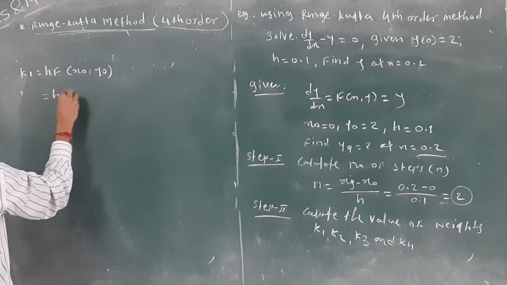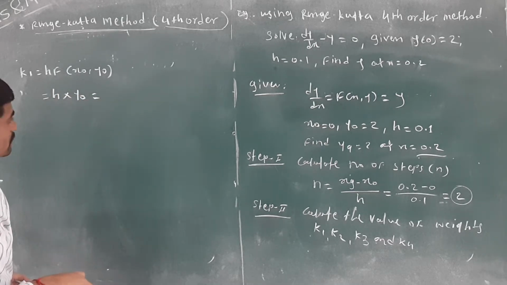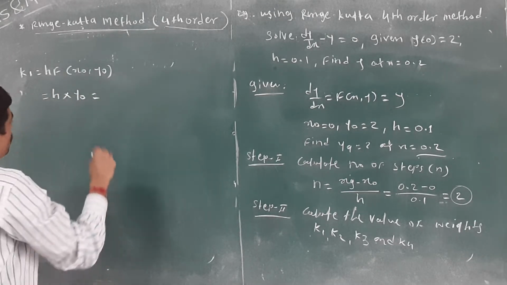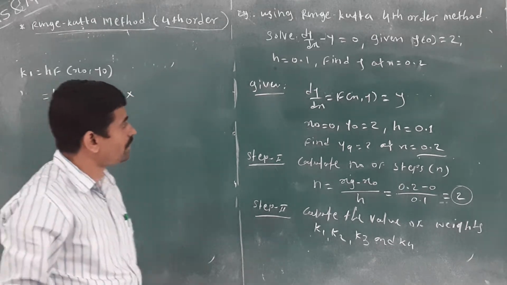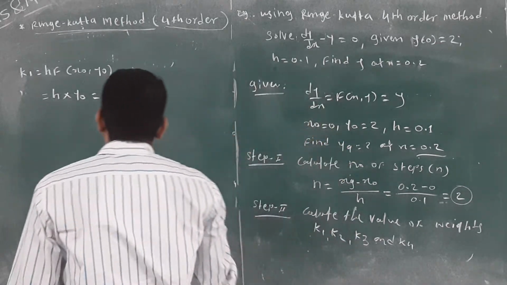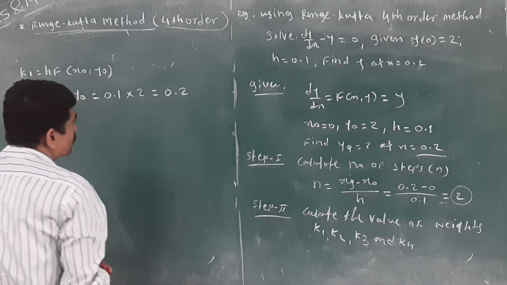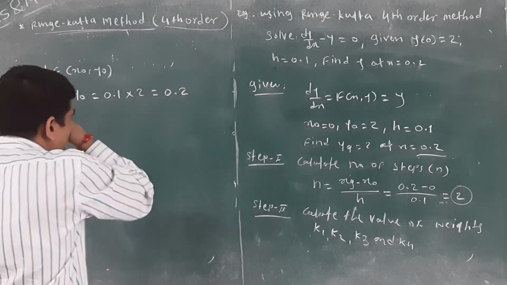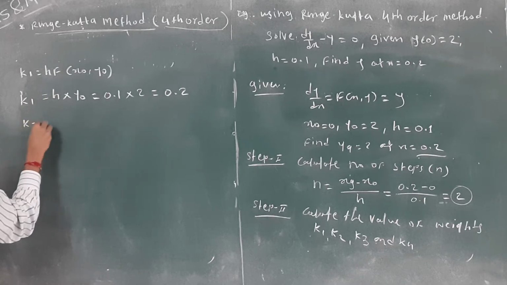Then you will get h into y0. H is equal to 0.1, and what is the value of y0? Y0 is 2. If you calculate, you will get 0.2. This is the K1.